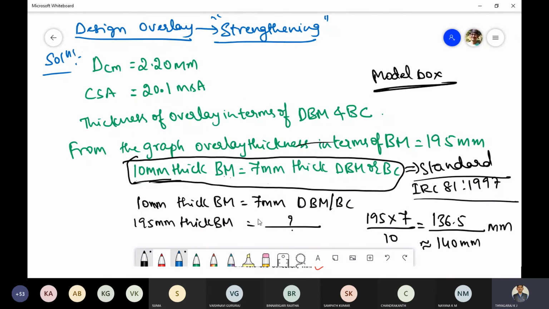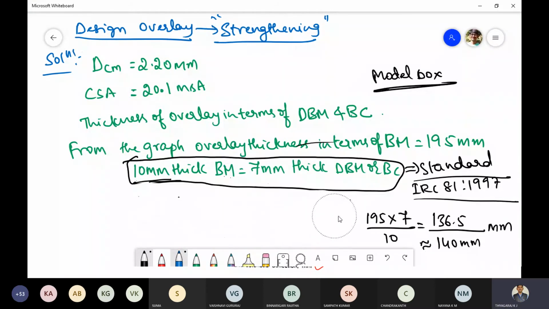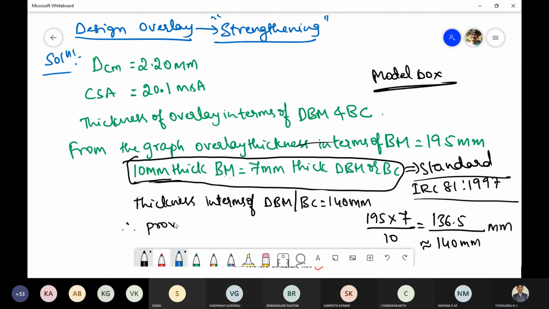Now I'll erase the things. So we have got the thickness in terms of DBM or BC, which is equal to 140 mm. Therefore, provide DBM equal to 100 mm and BC equal to 40 mm.